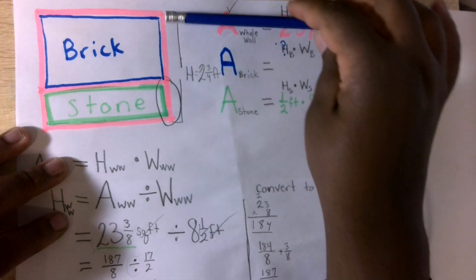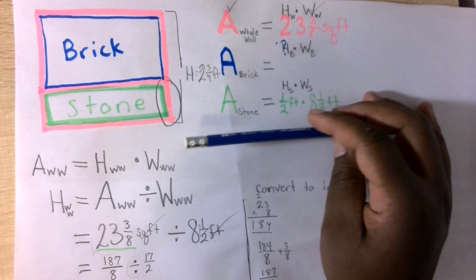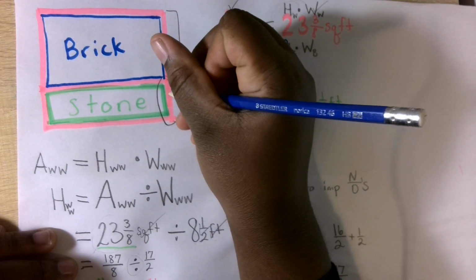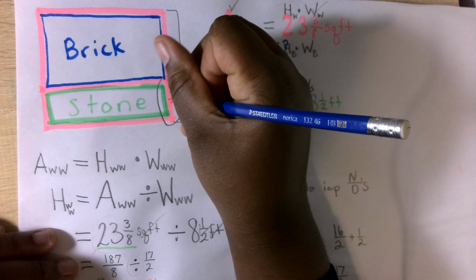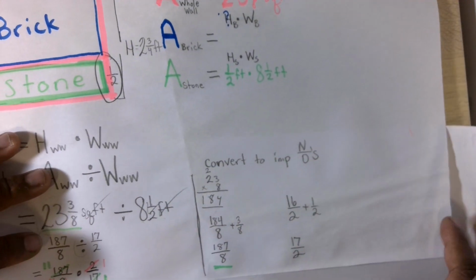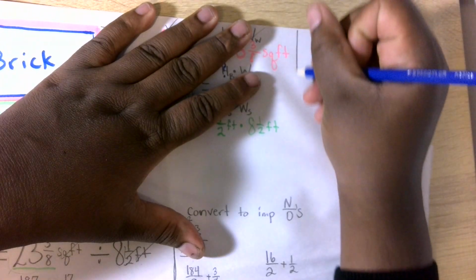So I know the height of the whole wall, and in my diagram, they give me the height of the stone wall. That was, what was it, 1/2? Now, I'm going to come over to this section.